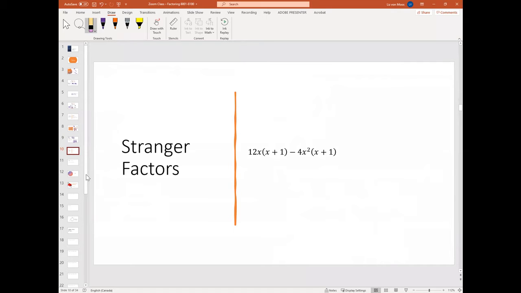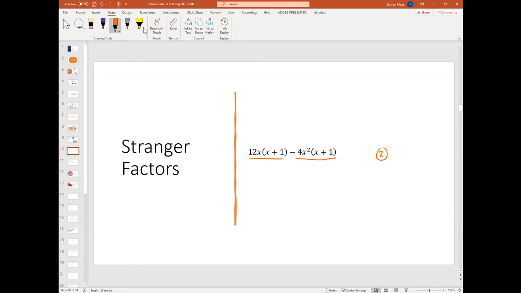Use the same strategy that we used for the previous ones. Four x into x plus 1 into 3 minus x.